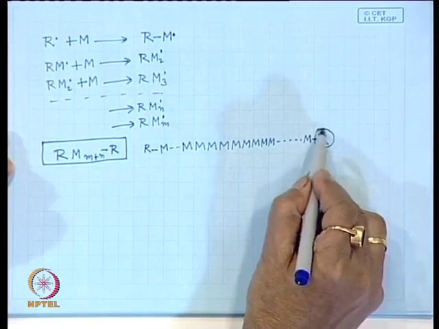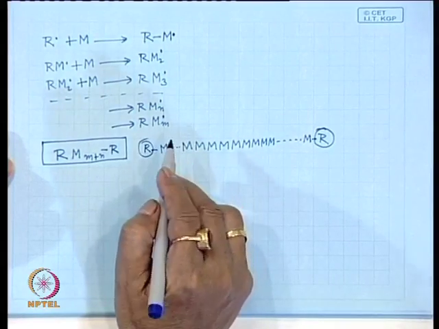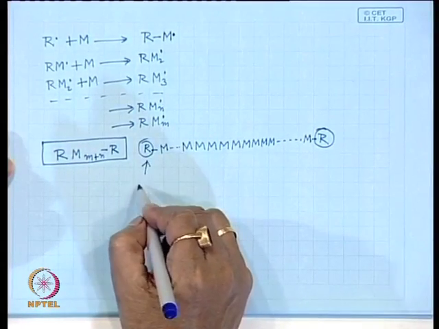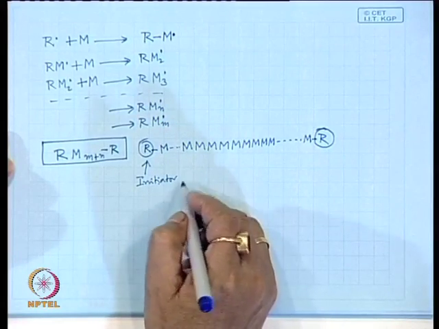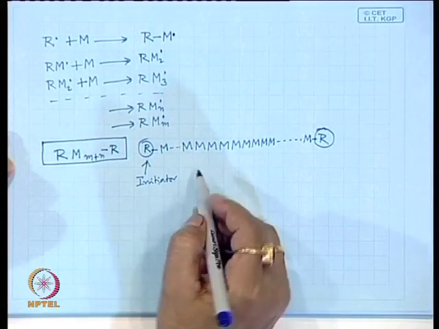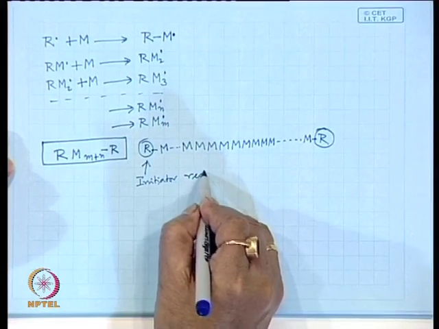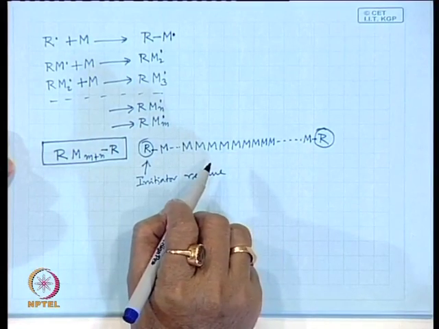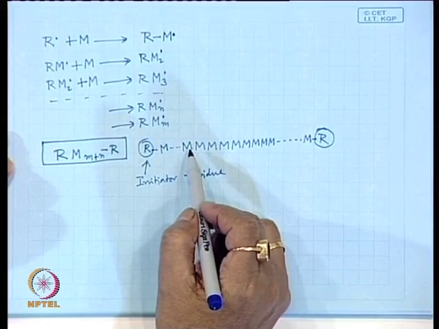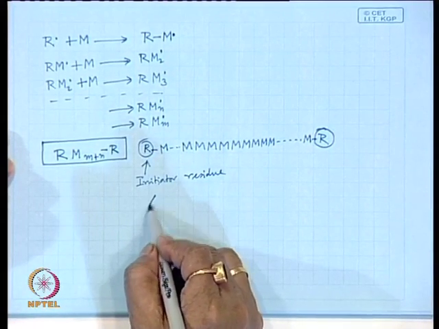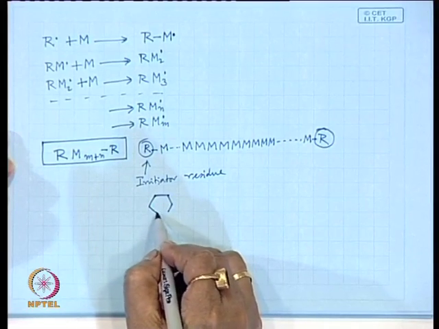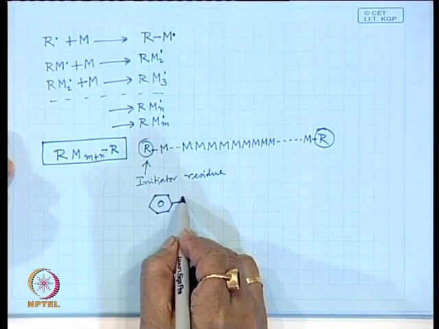What is this R? These are initiator residue, initiator residue that remains attached to this polymer chain. So, if you take benzoyl peroxide, the benzoyl peroxide will give a polymer product with this.